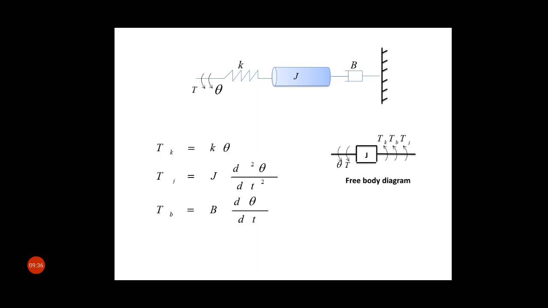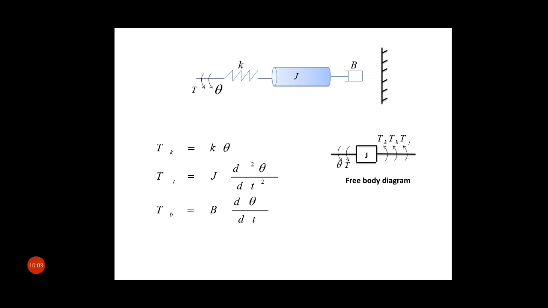See here, T_K is the torque applied by the spring. And this is T_J, where T_J equals J d²θ/dt², and T_B equals B dθ/dt.